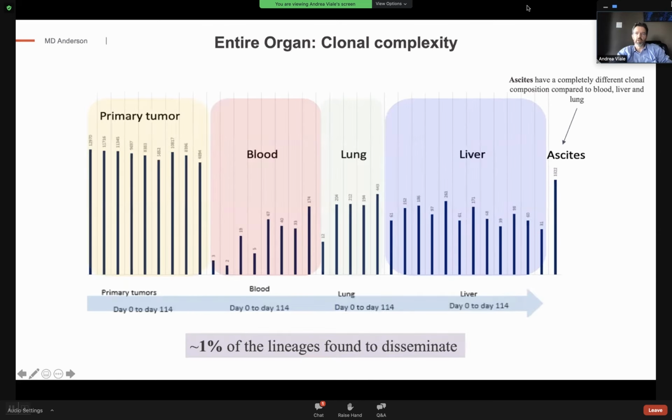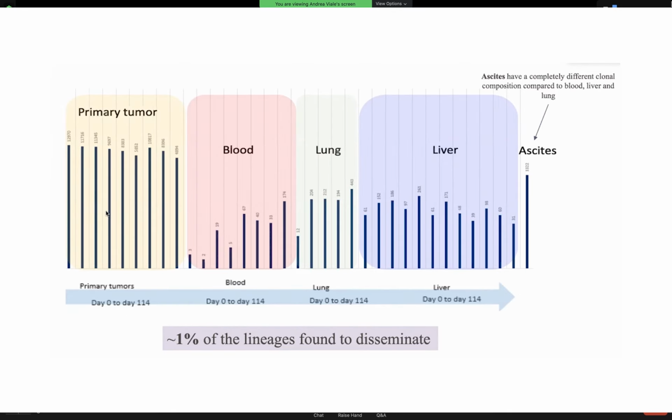Interestingly, when we look at the clonality and the clonal complexity of what we found in different organs and tissues, we found that in the primary tumor, the complexity was maintained more or less over time. In the blood, we had very few clones detected over time.